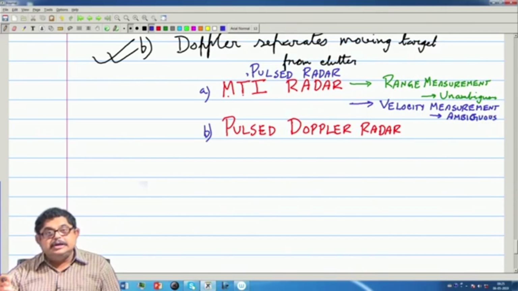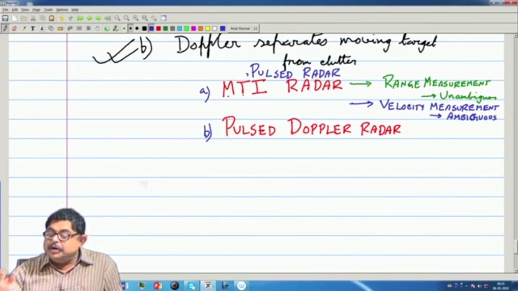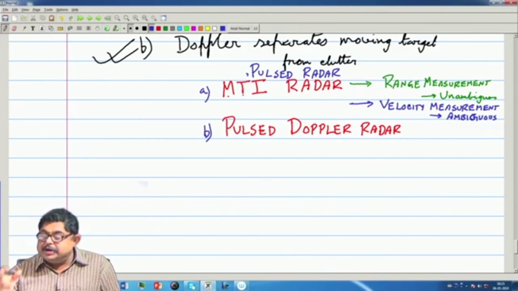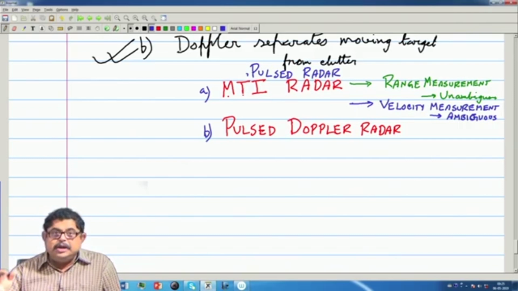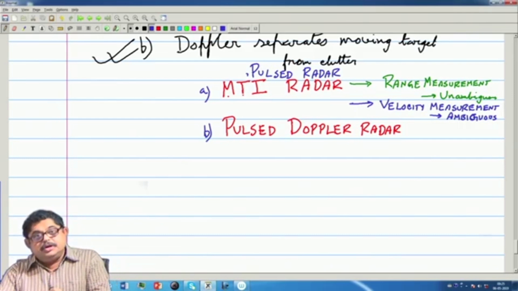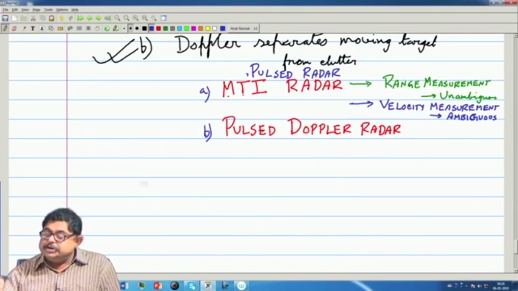What does that mean? It is giving a very precise range measurement, it is more interested in range measurement, that is why it makes that unambiguous. Velocity measurement it is doing, but it knows that it is not so important, so it is ambiguous.